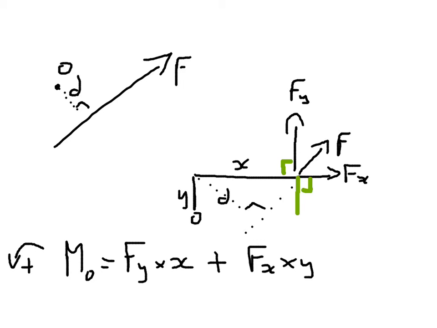So if you imagine force Y in this example, the force in the Y direction would be trying to turn that lever anti-clockwise. Force X would also be trying to turn it anti-clockwise. So these are both positive.